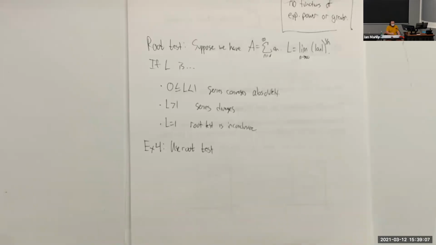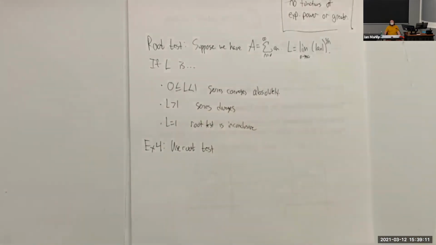The ratio and root tests are always inconclusive at the same time, meaning that if you only have polynomials or logs or weaker functions, you're just going to get 1 from the root test as well. And also, if you try the ratio test and that doesn't work, don't try the root test, because that's probably not going to give you anything other than 1 either. Are there any preconditions? No. Just like the ratio test, the root test has no conditions you need to satisfy before you start the test.